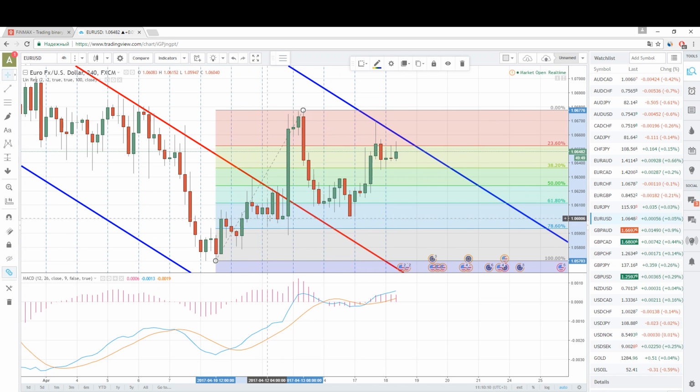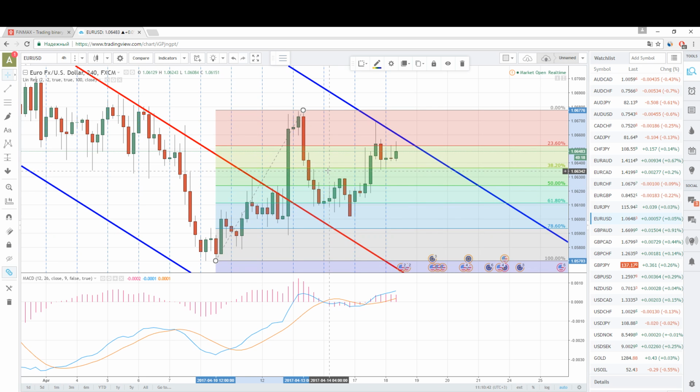Basically, if you draw support resistance levels, in most cases they will be near these lines that Fibonacci retracement gives us. So that's a really interesting instrument, and we shouldn't underestimate it, because when it is combined with other indicators, the prediction that it gives can be really amazing.